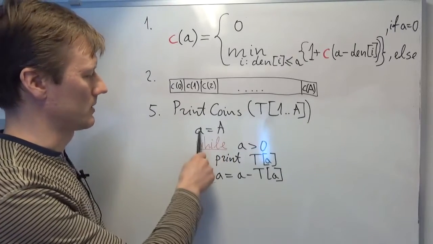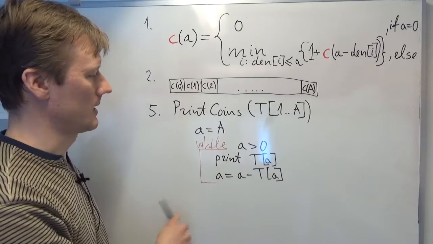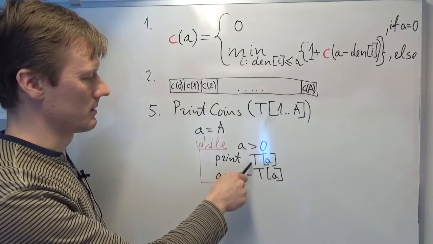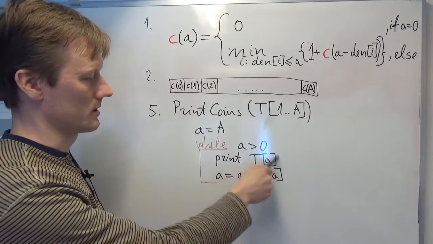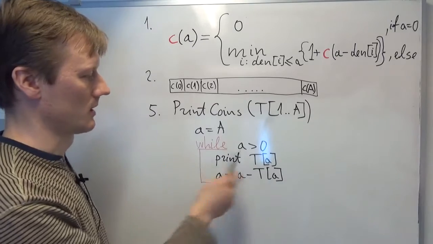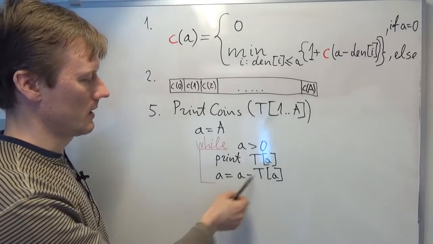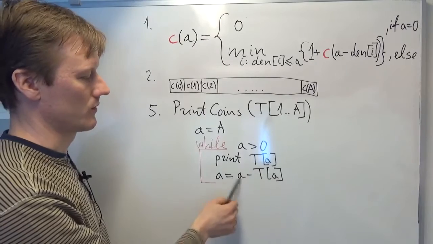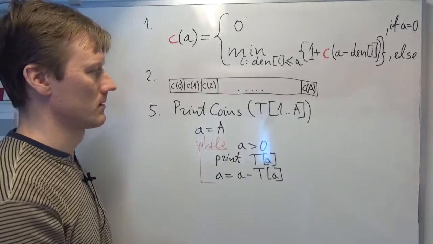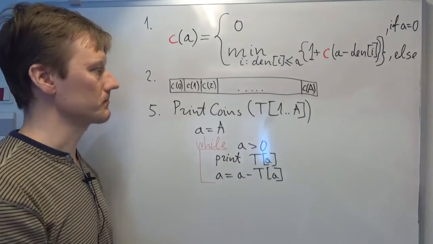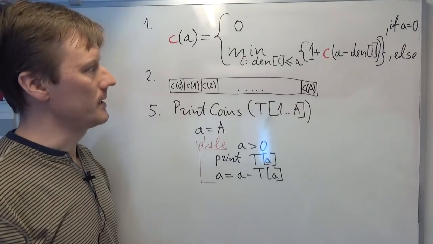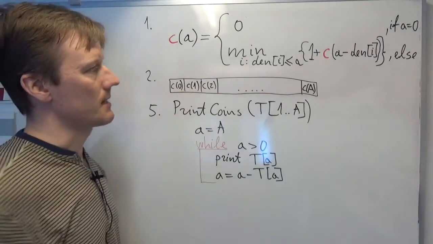We start with the amount small a equals capital A, and while we have some krona to change, we know which coins to use, because in this table we recorded what is an optimal choice of coin specifically for this amount. So we print that coin and we subtract the value of that coin from the amount. And we do that while we still have more than 0 krona to change. So that is one way to design this dynamic programming algorithm.